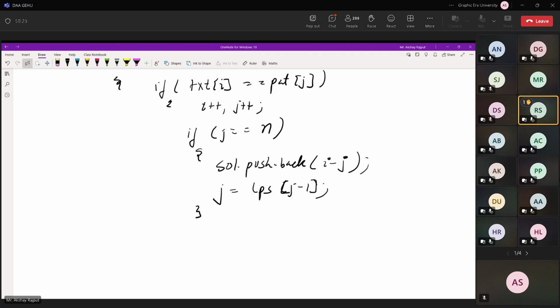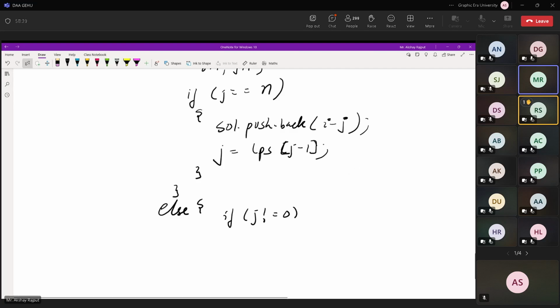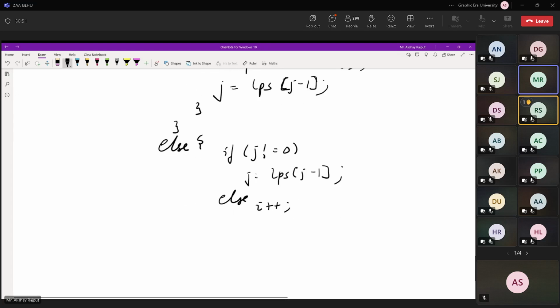So this is when it is equal, and if they are not matching, else we will see if j is not equal to 0. If j is not equal to 0, then j equals LPS of j minus 1. Else if j is equal to 0, we cannot match it further, so i plus plus.